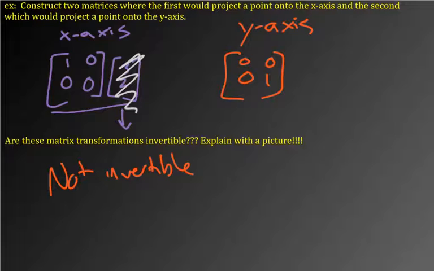And I think the picture makes some sense. Say we're doing the projection onto the y-axis. You could have a vector here, a vector here, a vector here, all these things, and you're smushing them.